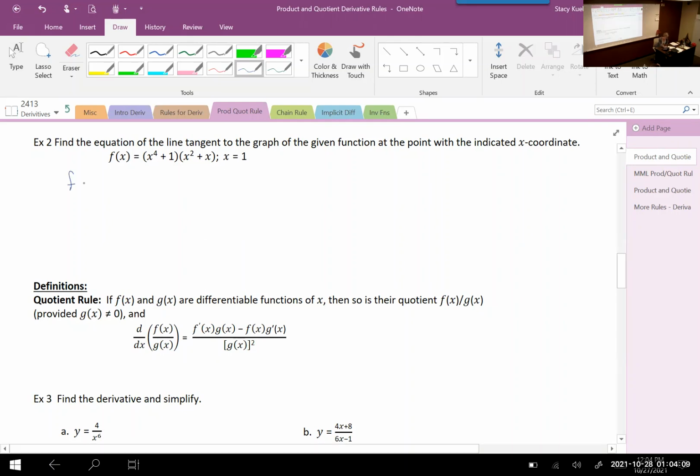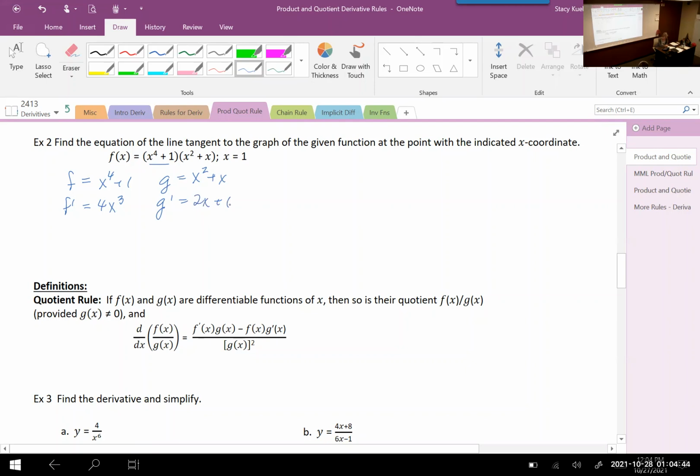I'll just call it f is going to be equal to x to the 4th plus 1. F prime would have to be 4x cubed. If I let that be f, the first binomial, the second binomial, let's let that be g. So I would have x squared plus x. G prime would have to be what? 2x plus 1.